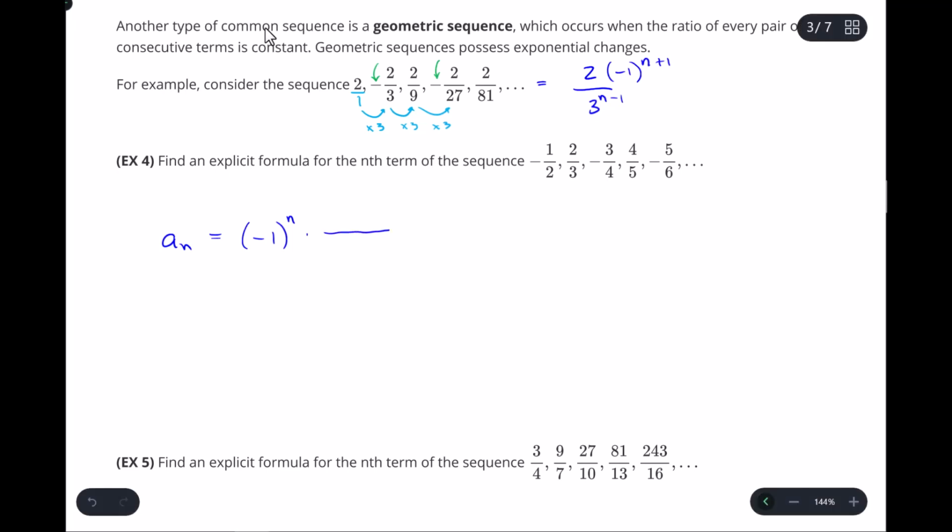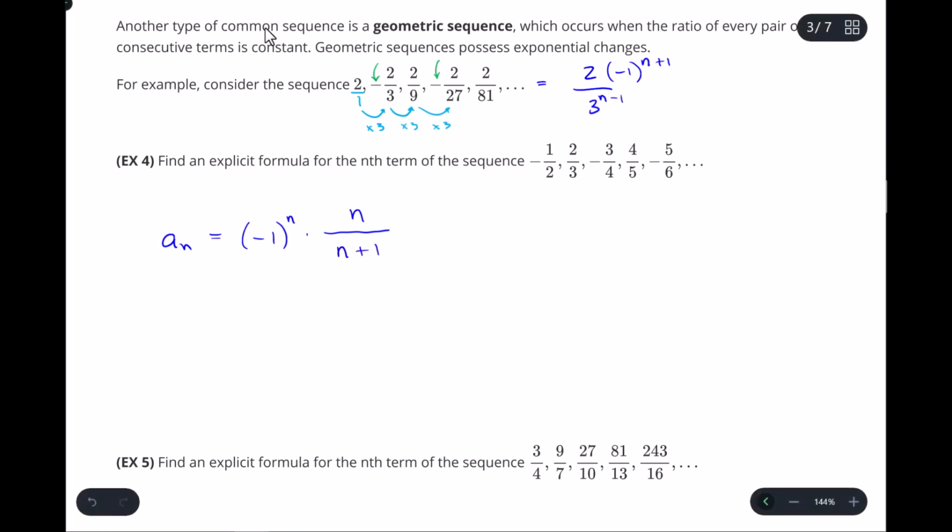And then I have this fraction. The numerator is just increasing by 1 each time. If it's increasing by 1 each time, then that's a linear change. We're starting with 1, so that's actually kind of nice. That's just going to be n in the numerator. The denominator, 2, 3, 4, 5, 6, is a linear change as well, but it's not starting at 1, it's starting at 2.